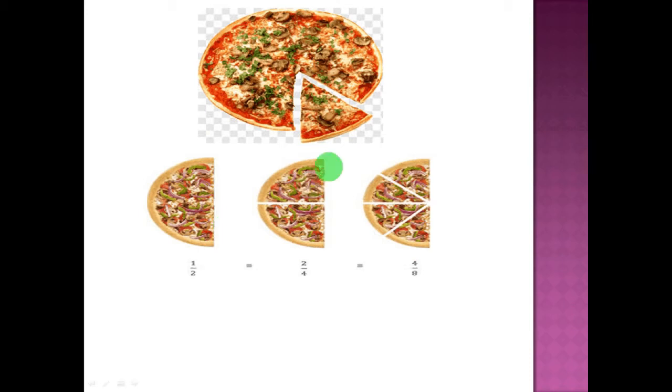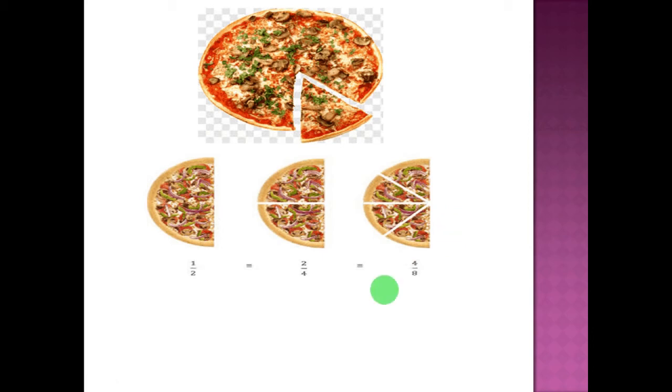In the second example, the whole pizza is cut into four pieces. Two pieces are given to a friend. In the third example, one full pizza is cut into 8 pieces. Here only 4 pieces are left, and the remaining 4 pieces are given to a friend or family member.